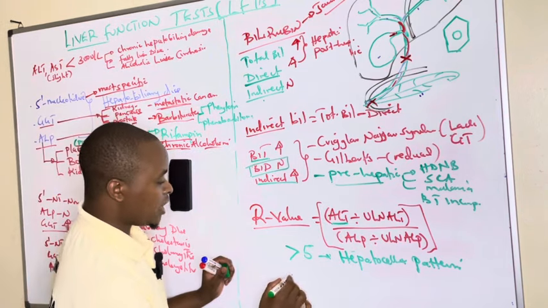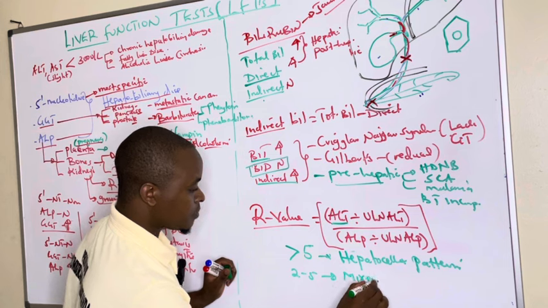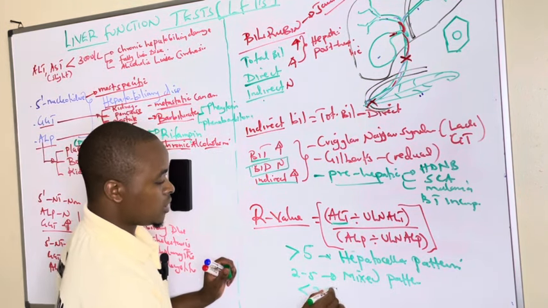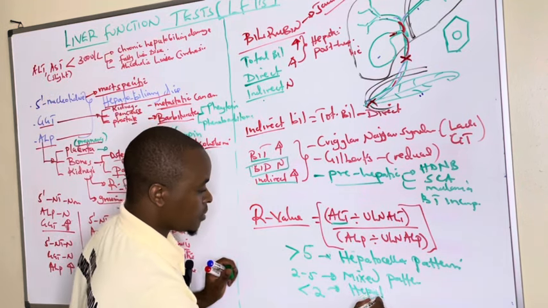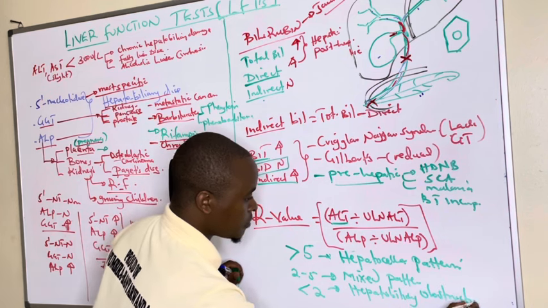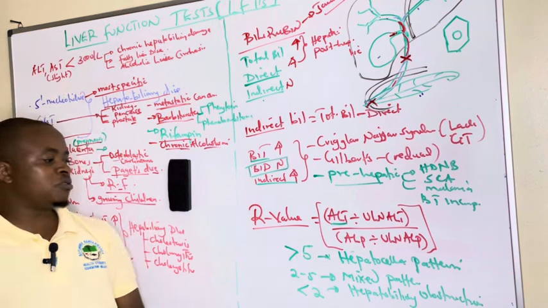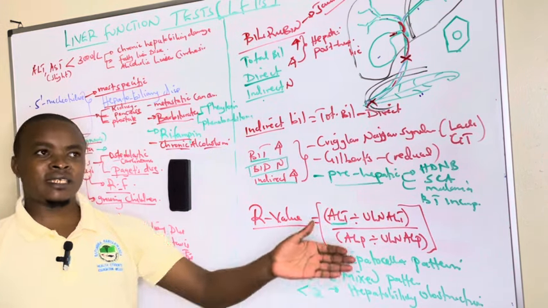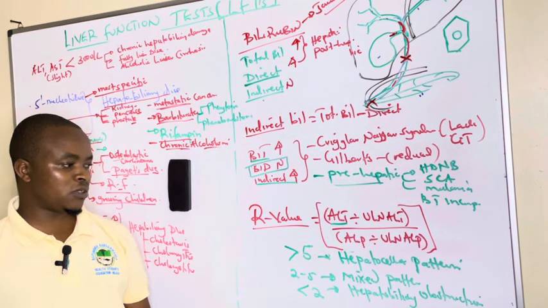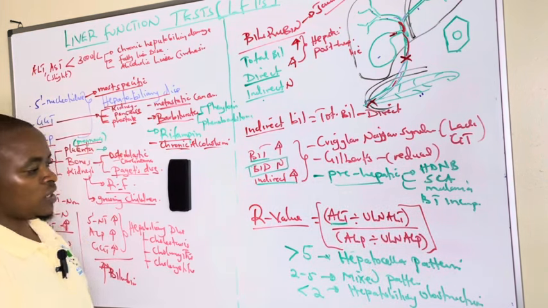And when the R value is between 2 and 5, it is a mixed pattern, and an R value less than 2 is seen in hepatobiliary obstruction. So this is the significance of the R value. Doctors can use it to determine which pattern: is it hepatobiliary, is it a mixed pattern, both hepatobiliary and hepatocellular, or only a hepatocellular pattern? Using the R value, they can always determine that.